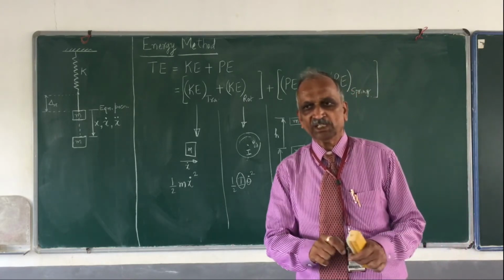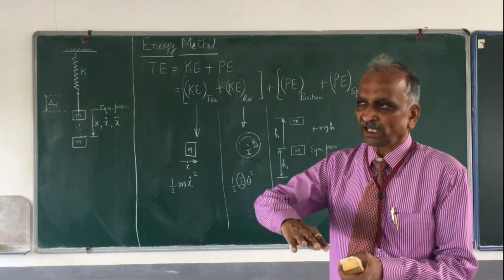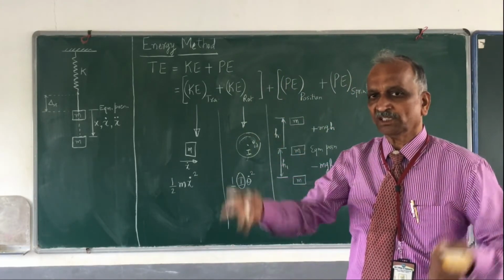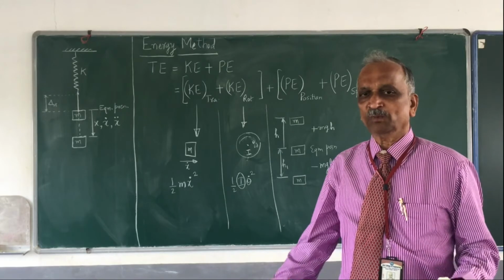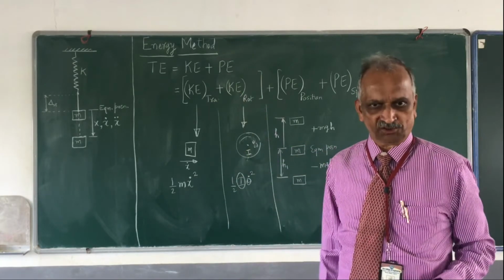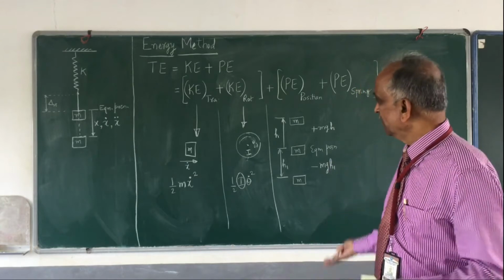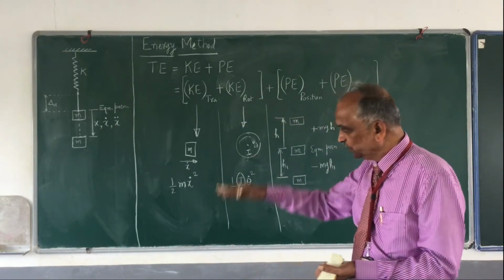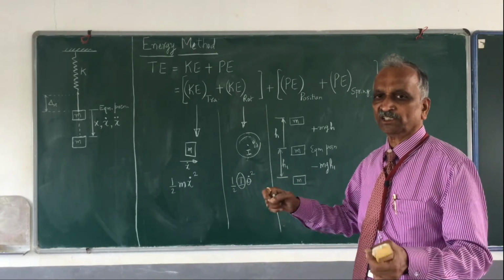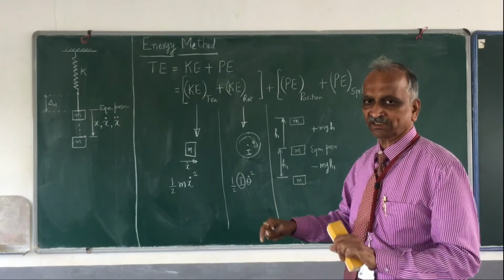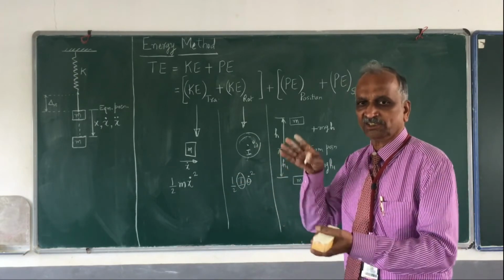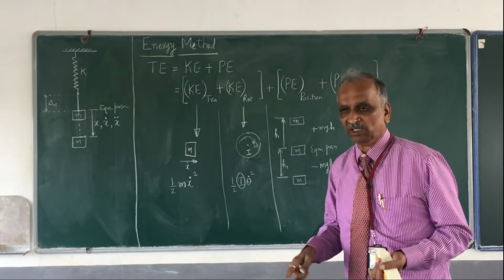With respect to the equilibrium position, if its height has increased, then we say that the potential energy is positive, and how much is that? m g multiplied by the change in the height. Or if it has gone closer to the Earth's center, then we say that its potential energy change is minus, meaning that its potential energy has decreased with respect to its equilibrium position.